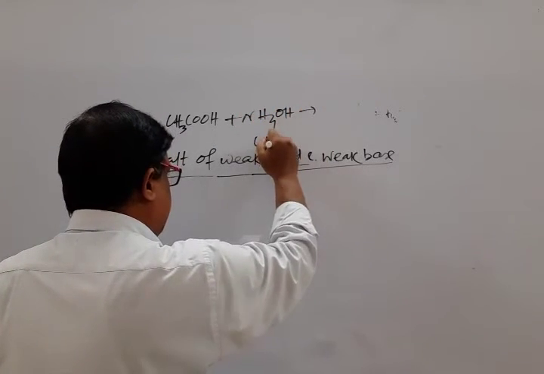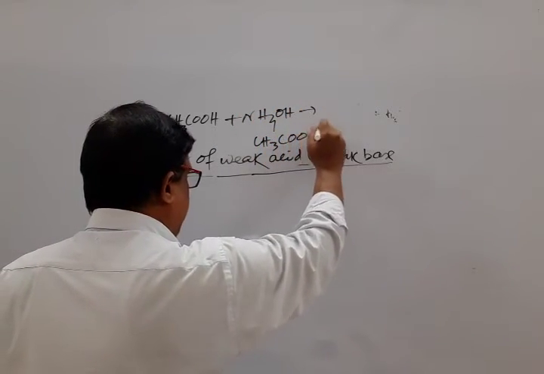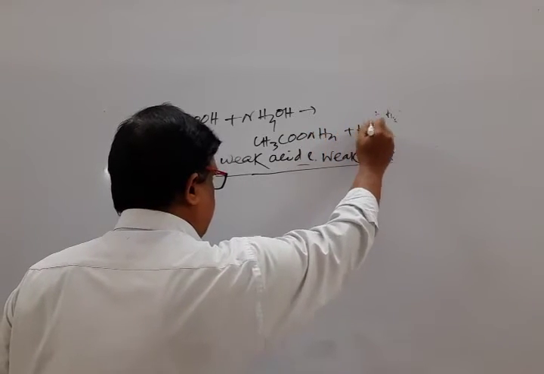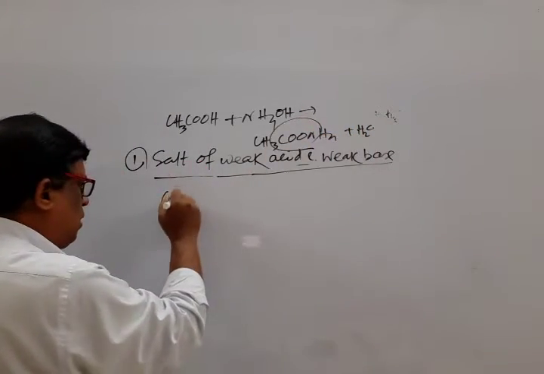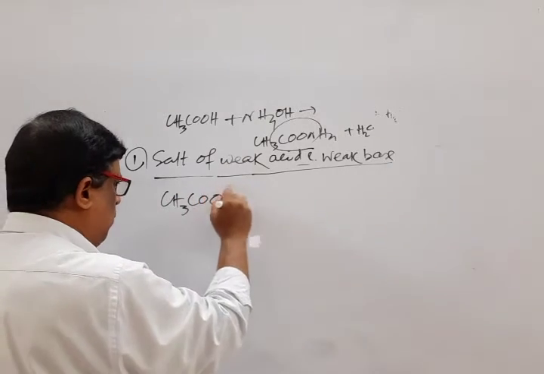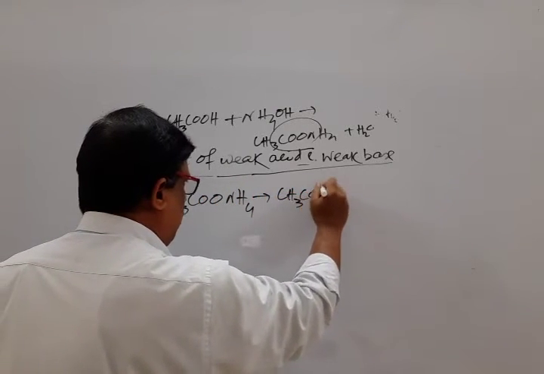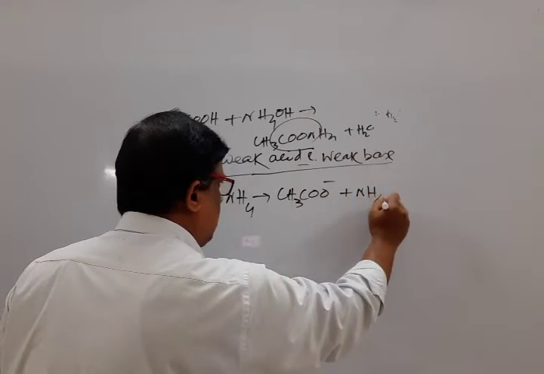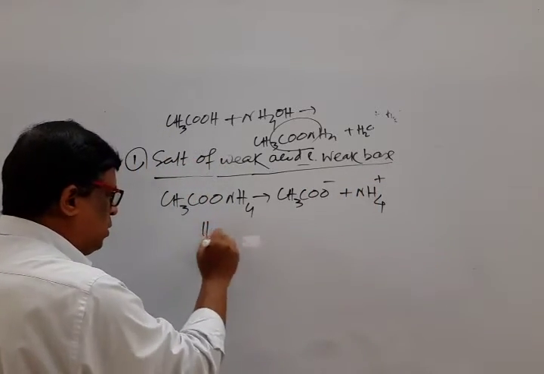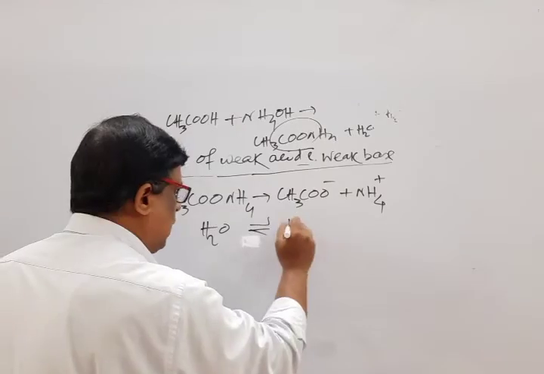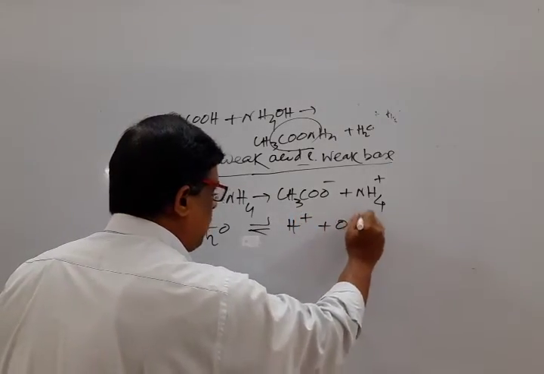What is the product? That is ammonium acetate plus water. As it is a salt, mark that, it dissociates completely into CH3COO minus and NH4 plus. And as water is a weak electrolyte, it dissociates partially to form H plus and OH minus ion.